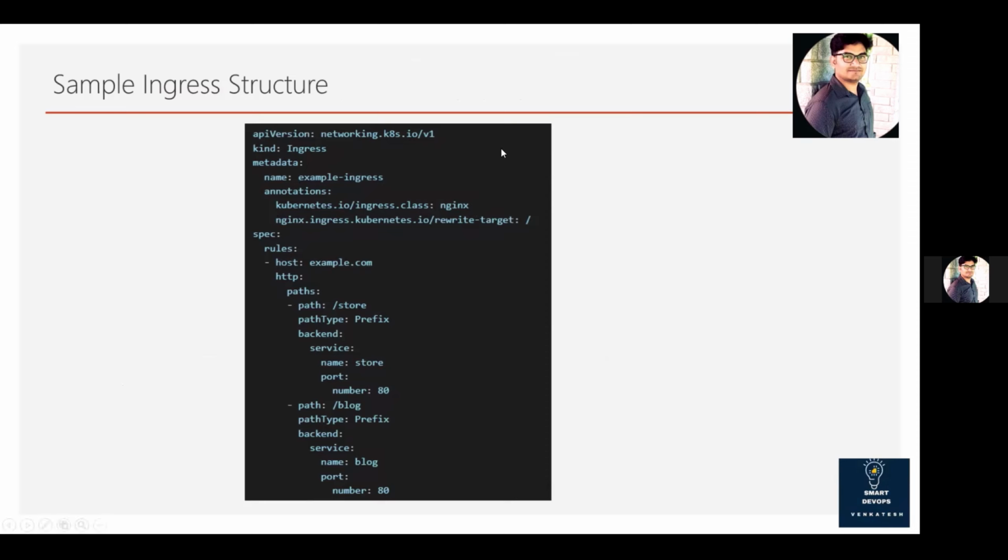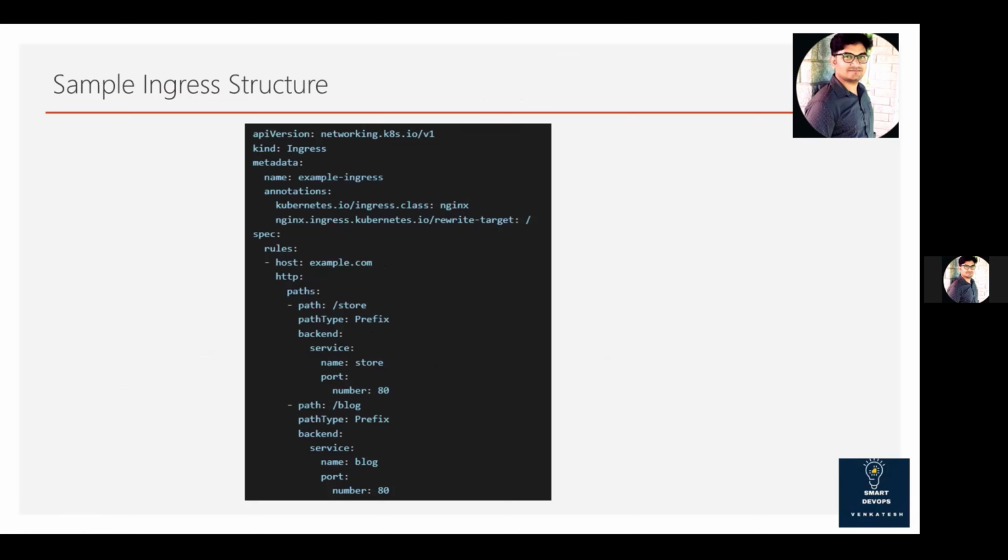This host is your domain name, this is your path, and this path is internally connecting to your service named store with port number 80. Here, just notice, I am going to use a couple of services, store and blog, and the path will be /blog for the blog service and /store for the store service.